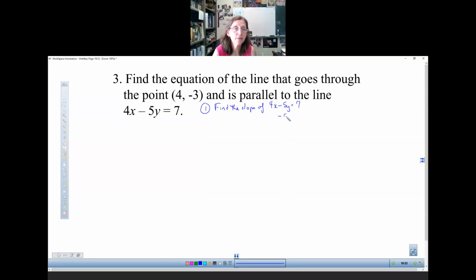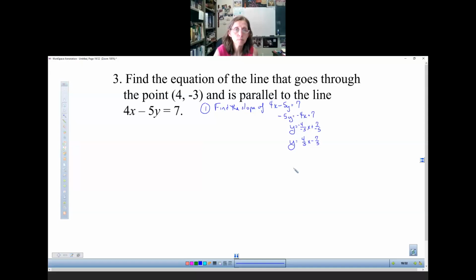So we're going to have negative 5y is equal to negative 4x plus 7. Now we're going to divide everything by negative 5. So I have y is equal to negative 4 divided by negative 5 times x plus 7 divided by negative 5. Now I'm going to clean this up and make this 4/5 x minus 7/5.